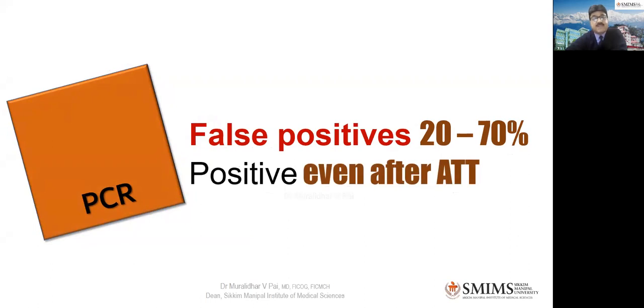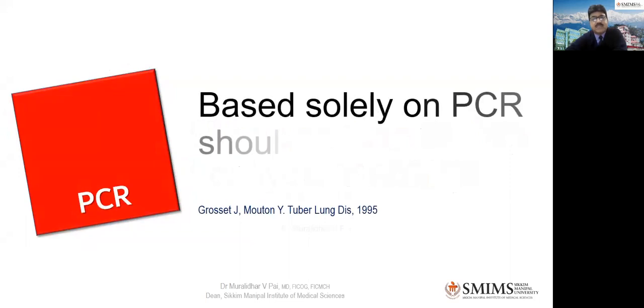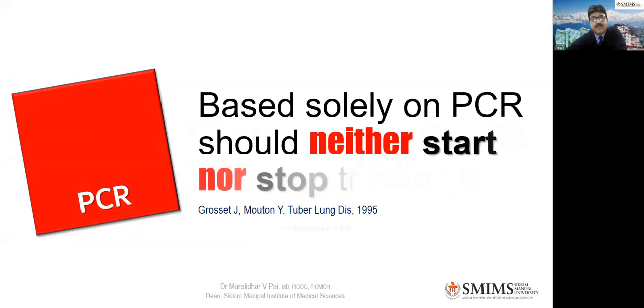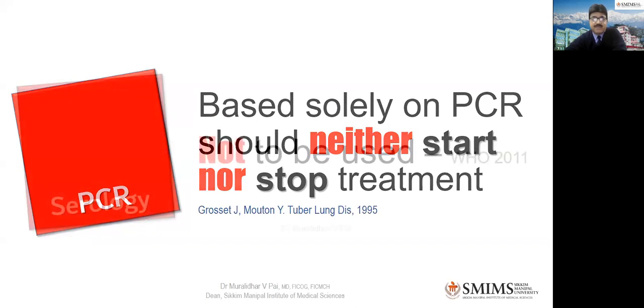Positive even after ATT. So do you want to trust that and treat your patients? What was told as early as 1995 is that based solely on PCR, we should neither start nor stop treatment. I don't want to say anything more.